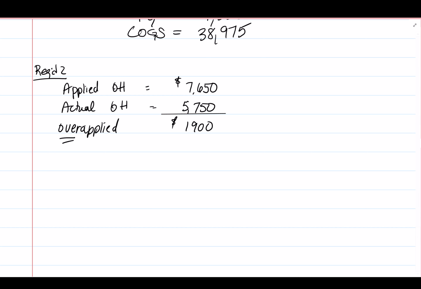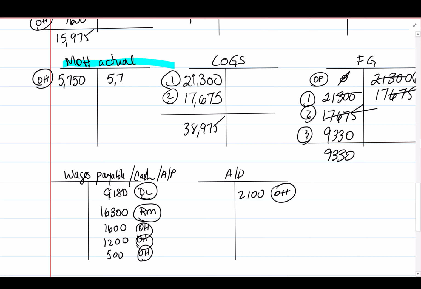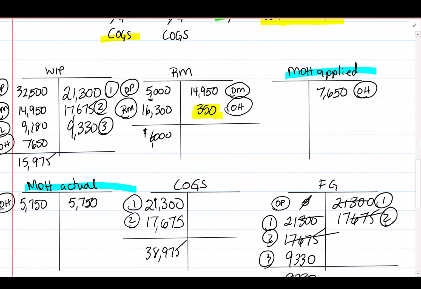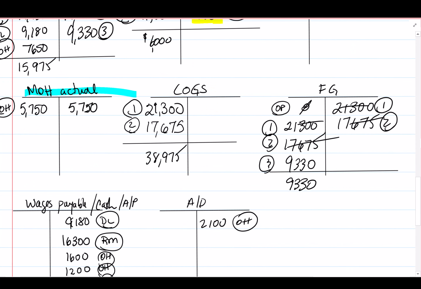So if I was to do a journal entry, it didn't say you have to do a journal entry. It just said close it and what is the adjusted cost of goods sold. So I'm going to credit manufacturing overhead $5,750. I am going to debit overhead applied $7,650, which means I need to credit cost of goods sold for $1,900.